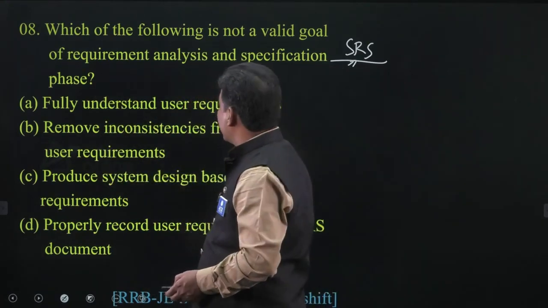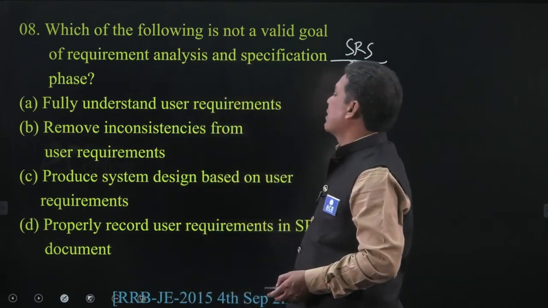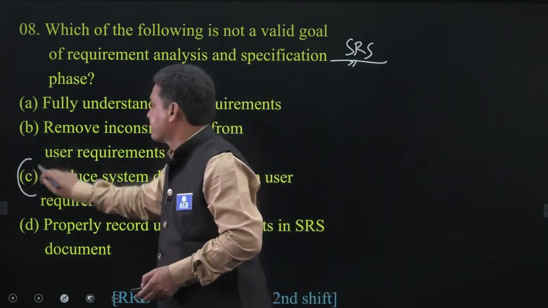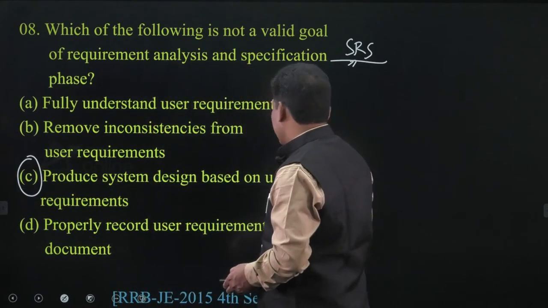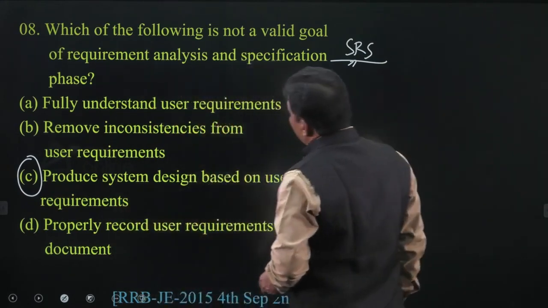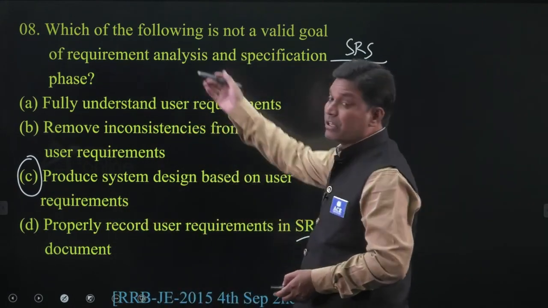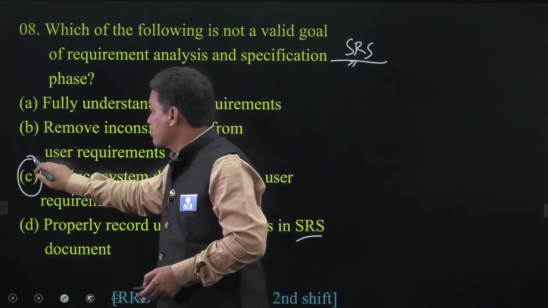Remove inconsistencies from user requirements: that is a goal also. Produce system design based on user requirements: this is not a goal, right? Properly record user requirements in the SRS document: this is also a goal. So producing system design based on user requirements is not a goal. This is the answer.